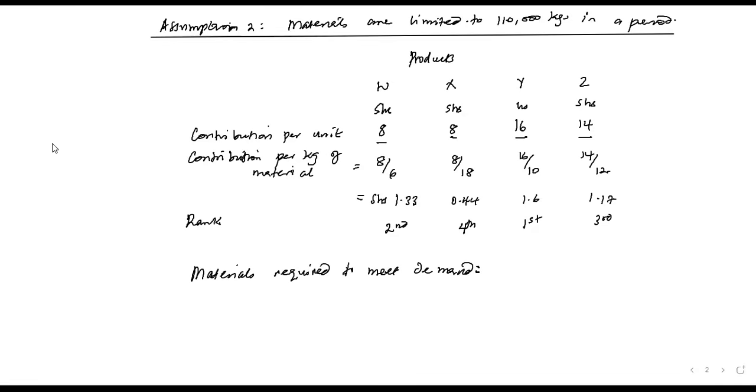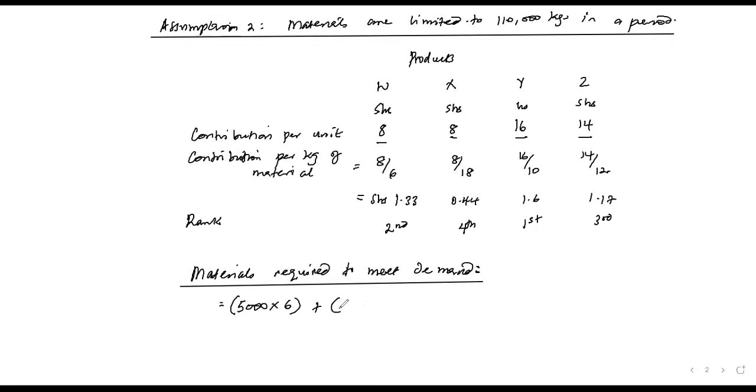We need how many kilograms of materials to meet the sales demand of each product? Let's try to find out. We are told that for product W, the demand is 5,000, but each unit of W requires 6 kilograms of the material.